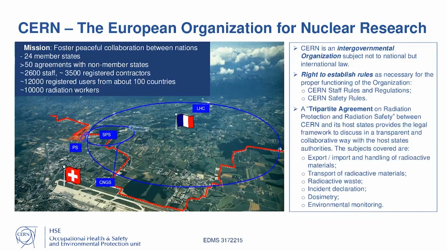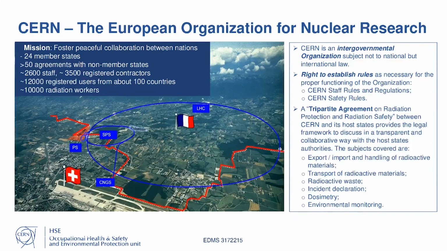As an international and intergovernmental organization, we are not subject to French or Swiss laws, which might let you think that we have quite some freedom in managing our activities, radioactive waste in particular. But actually, though we have the right to establish our own rules, in the end, with the agreements that we have with the host states, it ends up that we use the most restrictive rules, in particular in our field, in France and Switzerland.